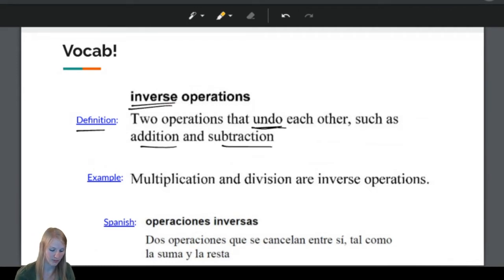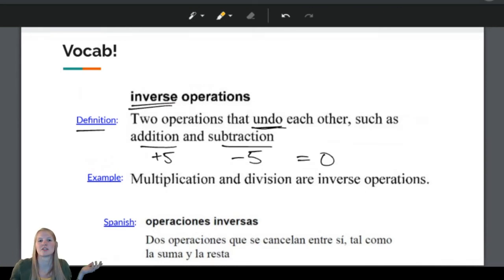For example, if I give you $5, you have $5 more than what you have right now. But if I take away your $5, well, you have the same money as when you started with. I undid it. I gave you $5 and I took away $5. I added $5 and then I subtracted $5. So inverse operations undo each other, just like addition and subtraction.